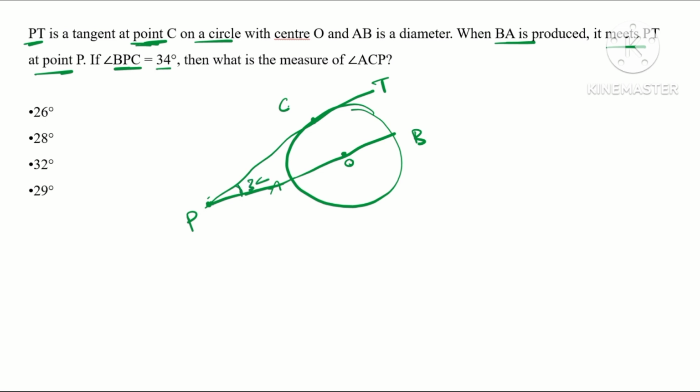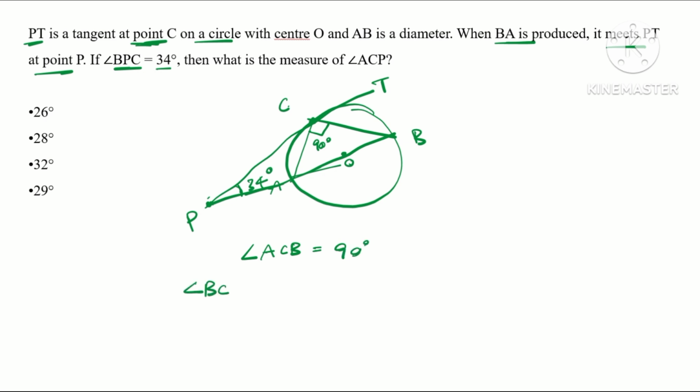Angle BPC is 34 degrees. Also draw lines AC and BC. As the angle subtended by a diameter at any point on the circumference of a circle is 90 degrees, this angle becomes 90 degrees. Here angle ACB equals 90 degrees.